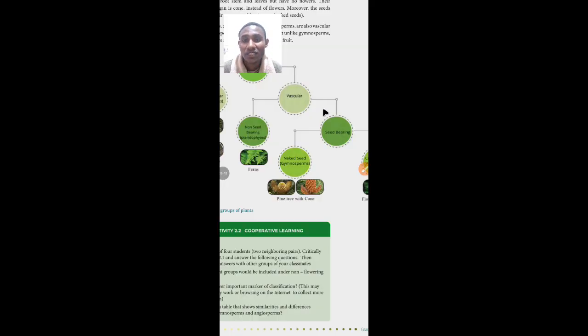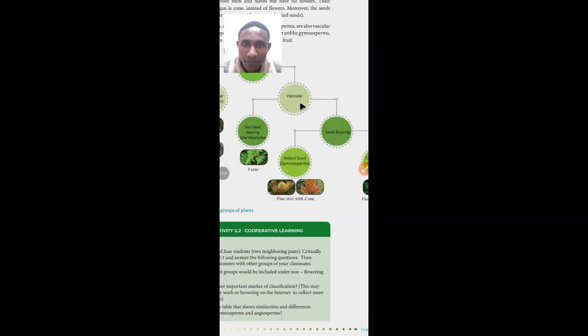Vascular plants are the plants that have a vascular bundle like xylem and phloem, which are essential and vital in order to transport water and nutrients from the root to the leaf, and also to translocate the starch from the leaf to other parts of the plant.